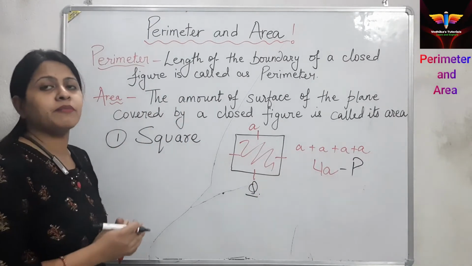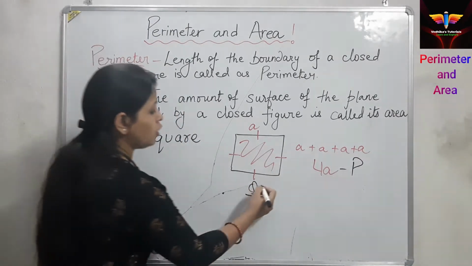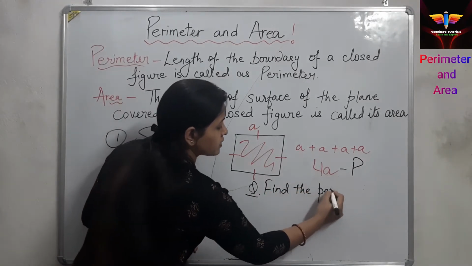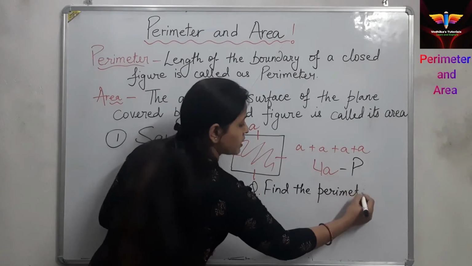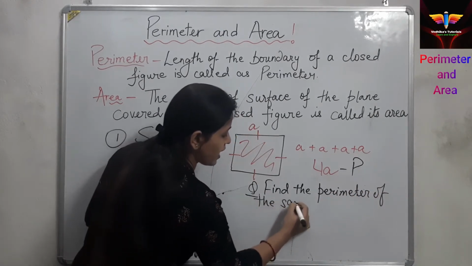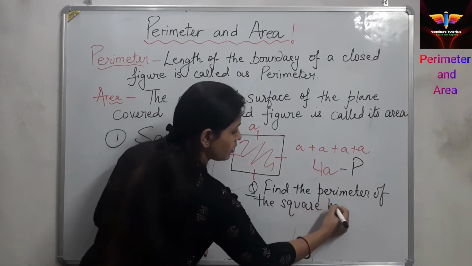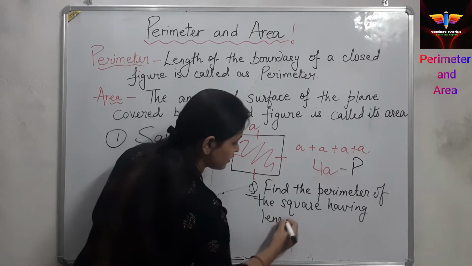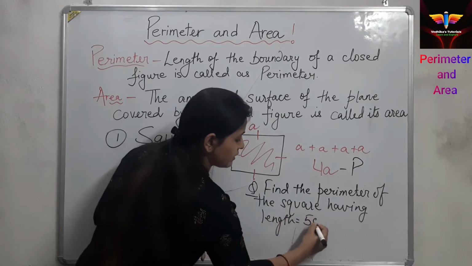Suppose that there is a question: find the perimeter of the square having length 5 centimeter.